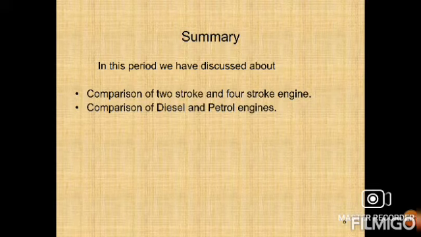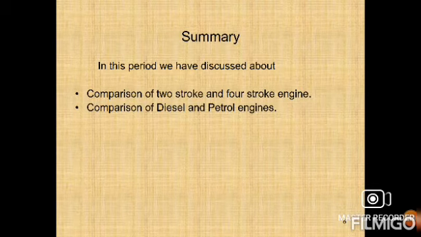First, the fuel: petrol engines use petrol and gases, while diesel engines use diesel and heavy oils. Next, the basic cycle: petrol engines are based on the Otto cycle, and diesel engines are based on the diesel cycle.